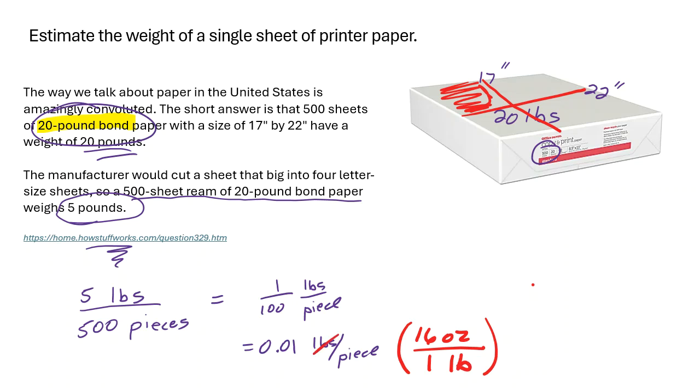So then I would cancel these pounds, and I would take 0.01 times 16, which is going to move the decimal 2 places, and I would get 0.16 ounces per piece, which is still very, very small, right? An ounce is pretty small.